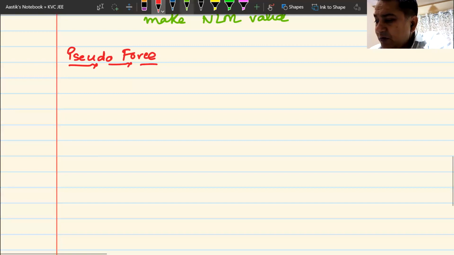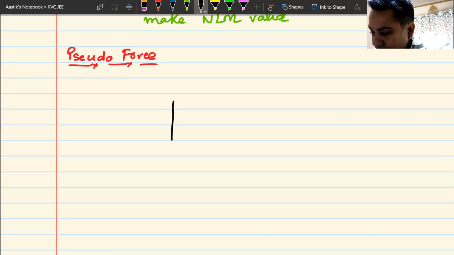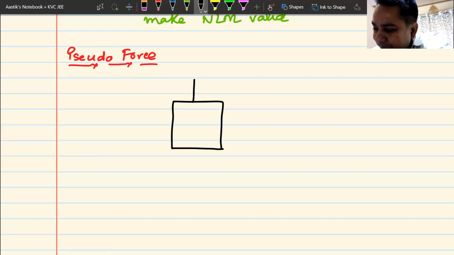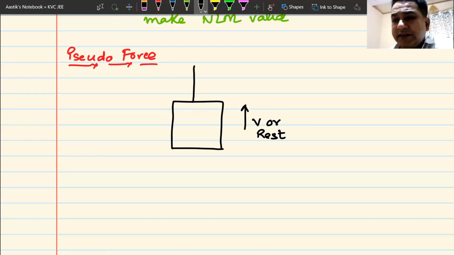Let us try to understand it with an example. Let us say that this is a lift, and this lift is moving upwards with a uniform velocity v, or this lift is at rest. We can take any of these two cases.